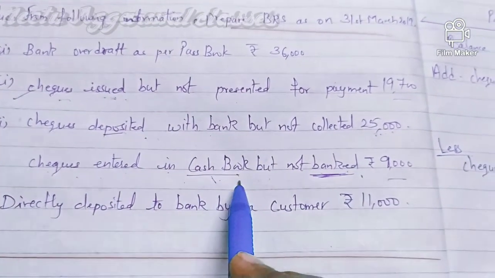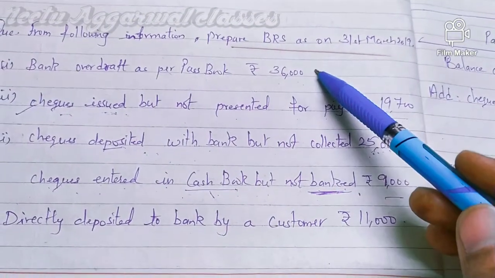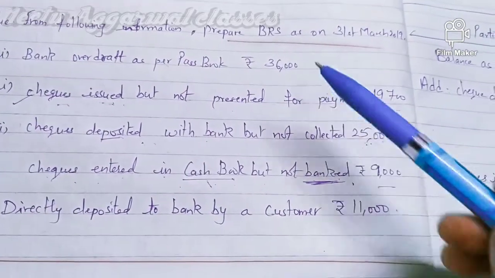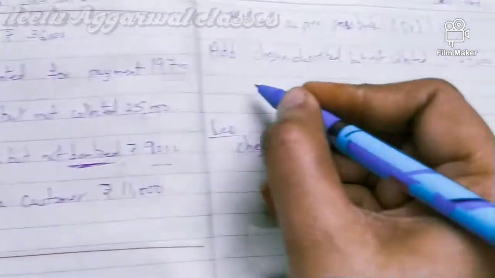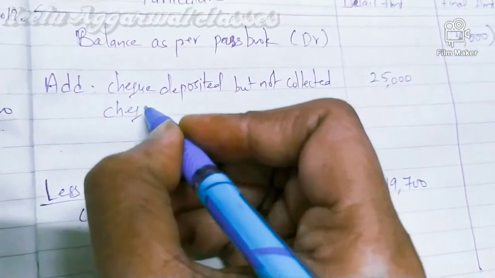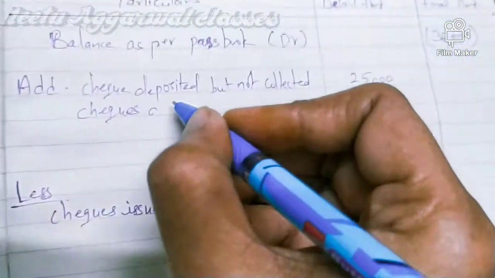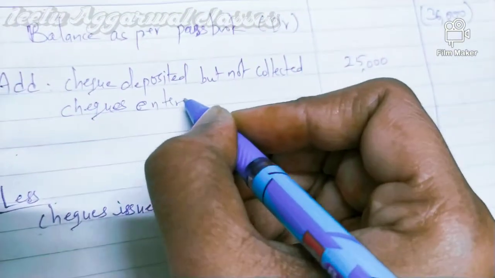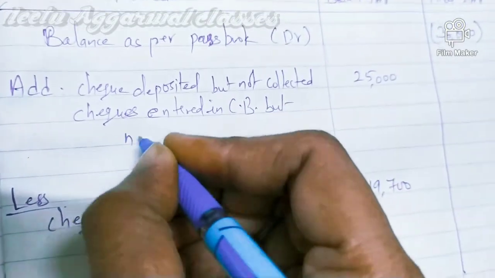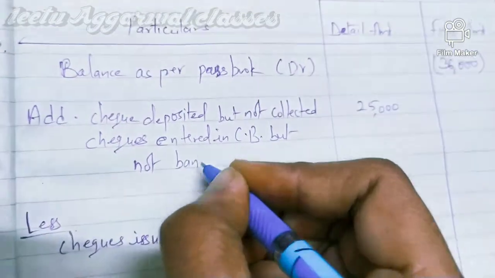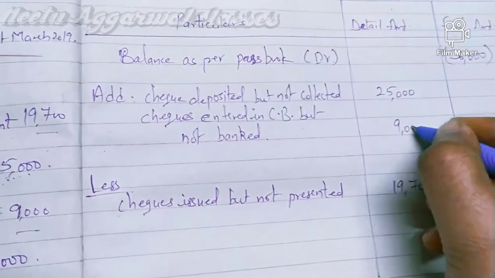So we need to add this amount so we can come to the cash book balance. Add: checks entered in cash book but not banked, for 9,000.